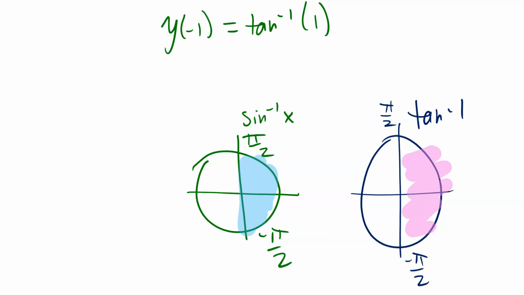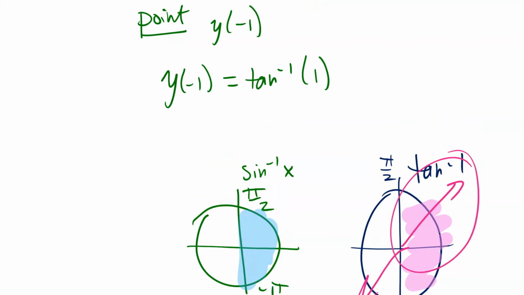What is the angle where tangent is equal to 1? In the first quadrant, 45 degrees, pi over 4. Meaning my point is going to be negative 1 comma pi over 4.